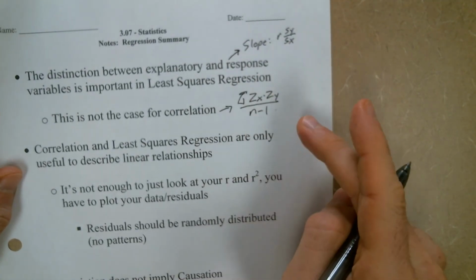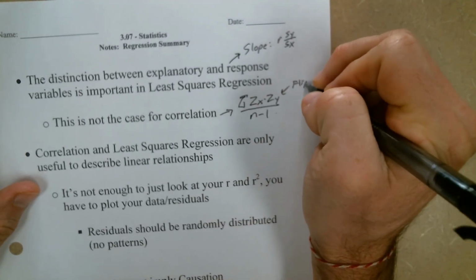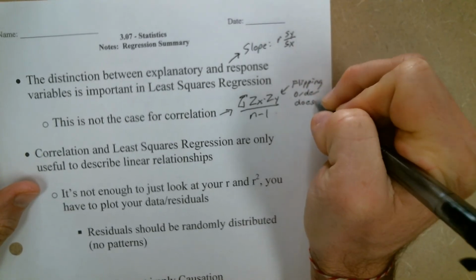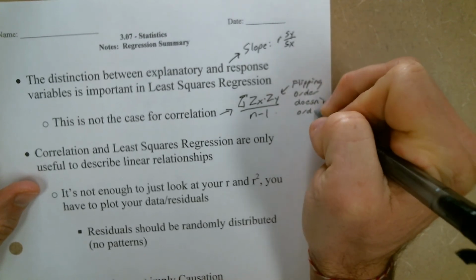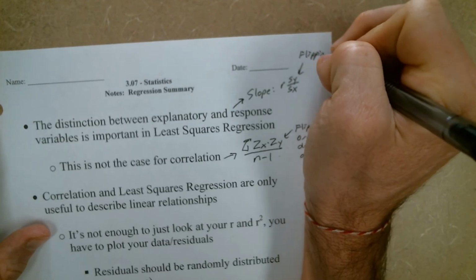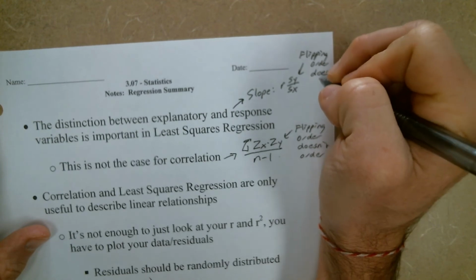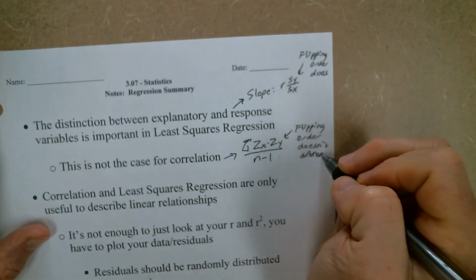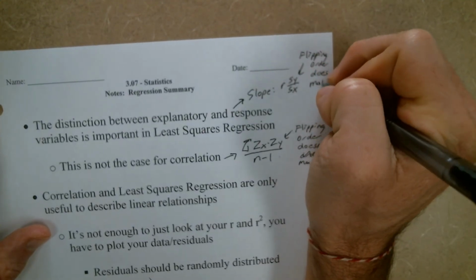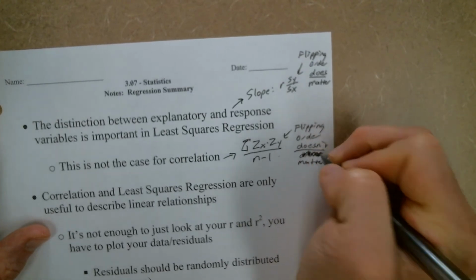Flipping the order here doesn't matter because it's multiplication. Flipping the order for slope does matter. So keep that in mind.